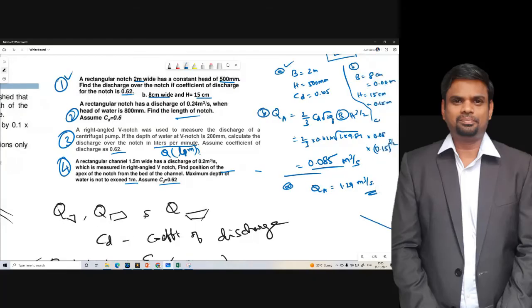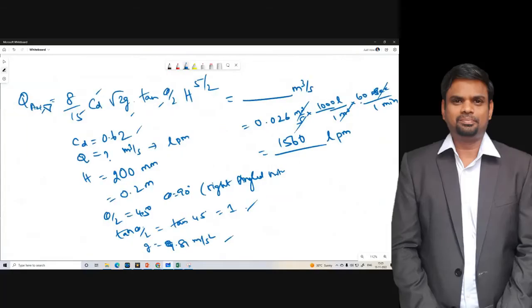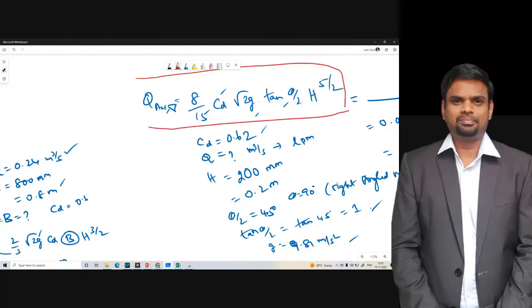Now again we are going to make use of the same formula for triangular notches, that is Q actual equal to 8 by 15 Cd into square root of 2g tan theta by 2 H power 5 by 2.